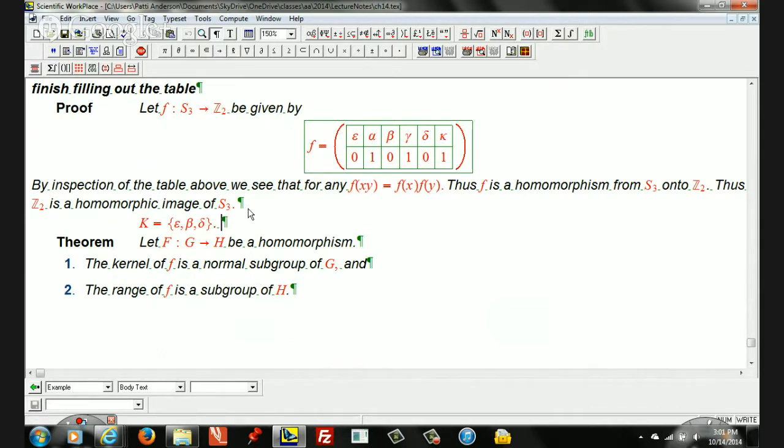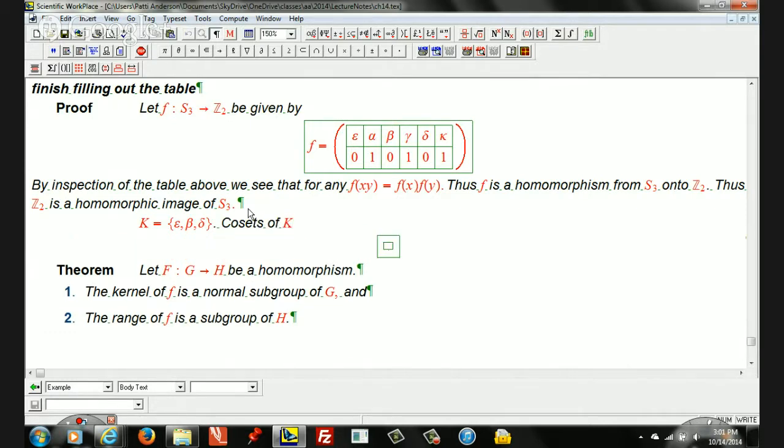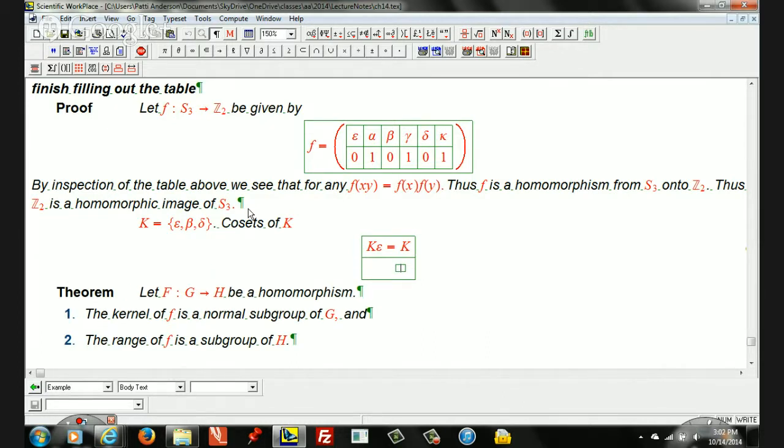Now for the hard one, cosets of the kernel. They're going to have the same length, but we have to just calculate them. So the k epsilon isn't going to change anything. That's just going to be k, right? Okay, alpha one. Let's put this right here.